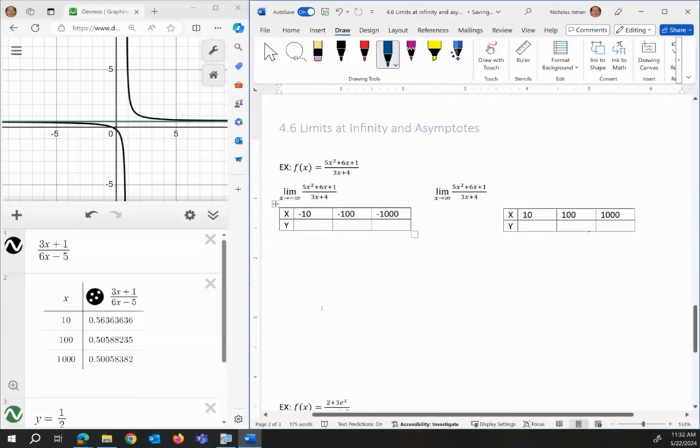All right, so here, let's check it out. If I plug in infinity, I've got variables on the top and the bottom. I'm going to get infinity over infinity. So let's try it again. The highest power of x I see is x squared.